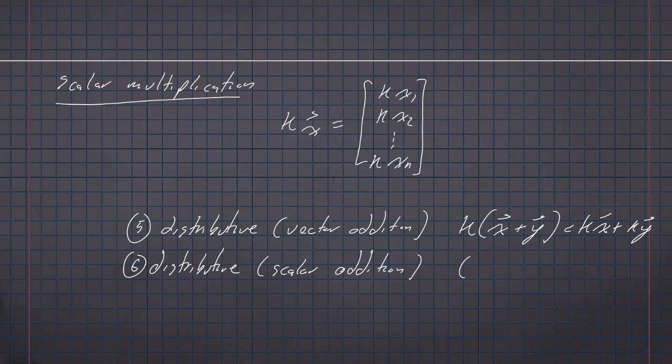If I have two constants, k plus l, that I want to multiply times vector x, I can multiply k times x and I can multiply l times x and then add them together.